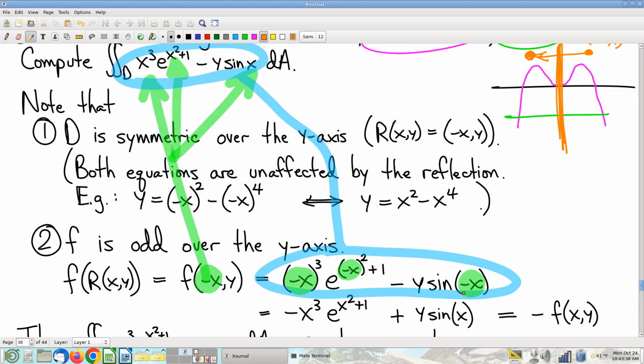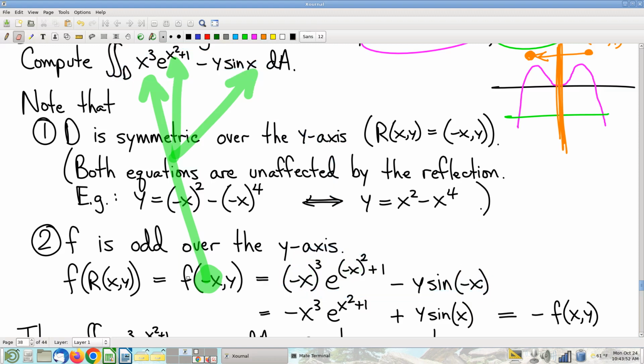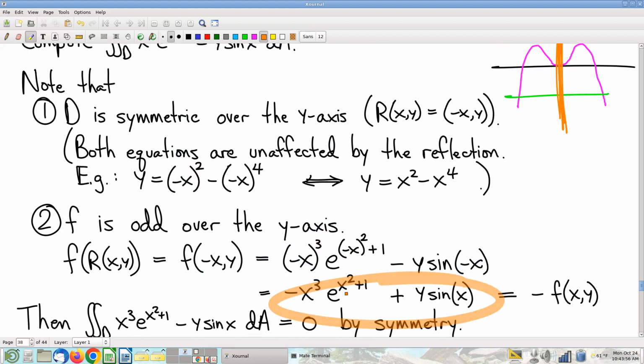Sine of minus x is the minus of sine x, so a minus sign kicks out and cancels this minus. That gives you this plus here. And altogether, when it's all said and done, dust is settled, notice that this is the exact negative of f, and so minus sign. Everybody follow the algebra?